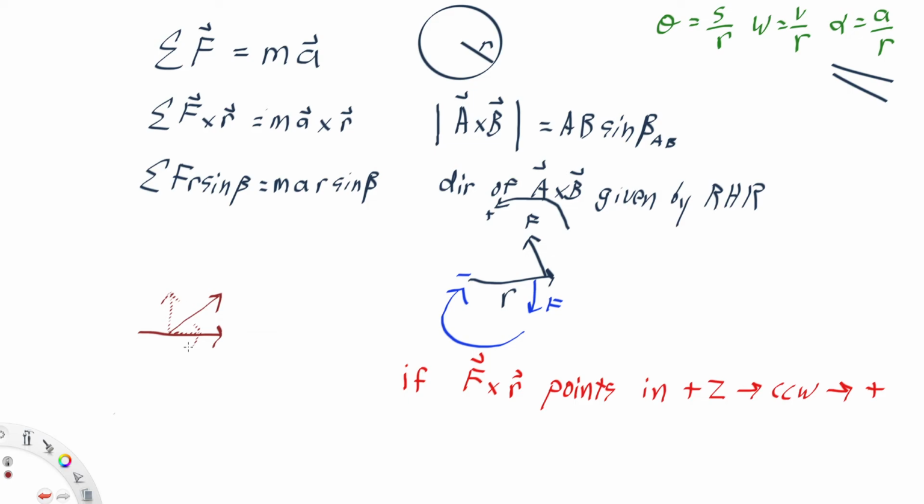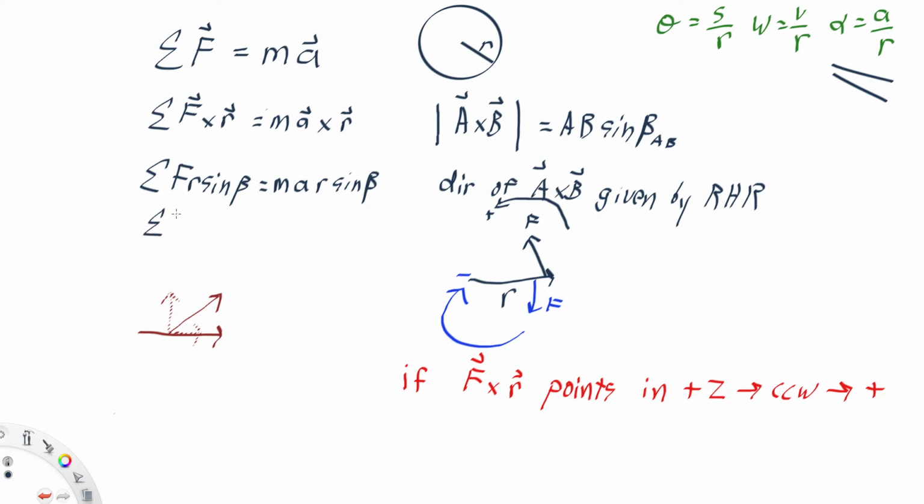Right? We've been doing that all semester as we decompose vectors into x and y components. We're going to do the same here, except we're going to decompose it into components that are parallel to the radius and perpendicular to the radius. So that lets us get rid of this sign bit.